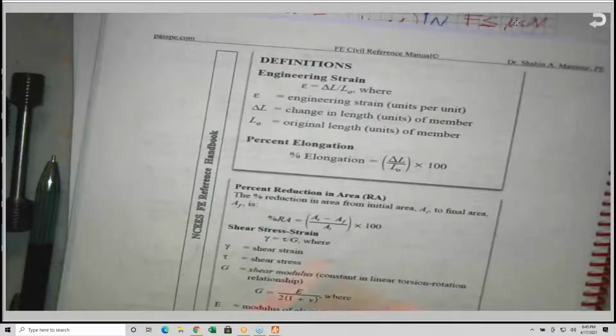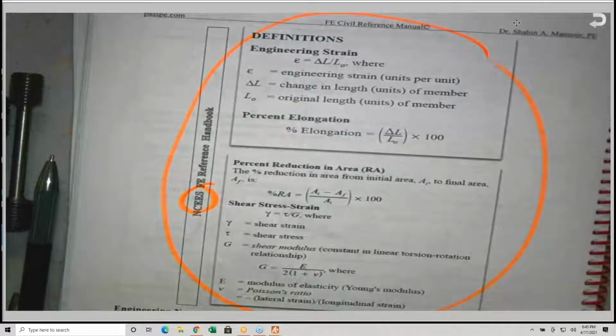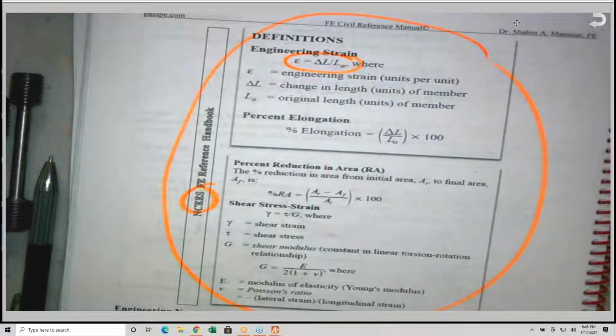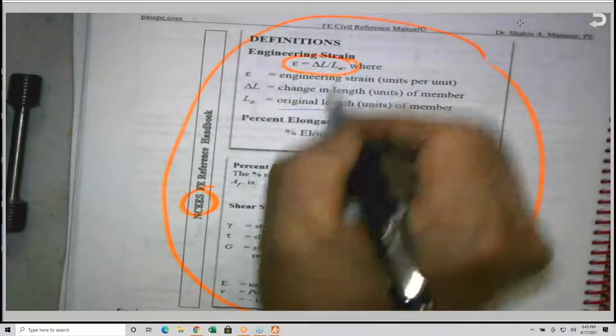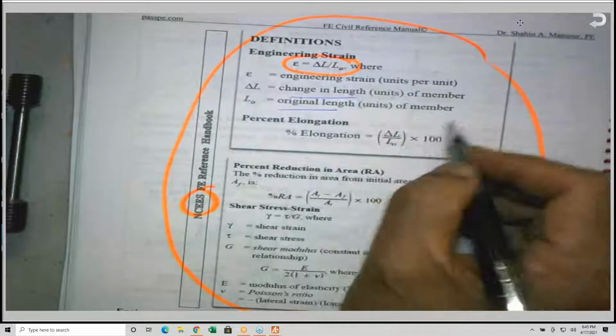the definitions given in the NCEES FE reference book, that epsilon, which is strain, is equal to delta L over L sub O, where L sub O is the original length. So strain is equal to delta L, which is the change in length, over the original length.